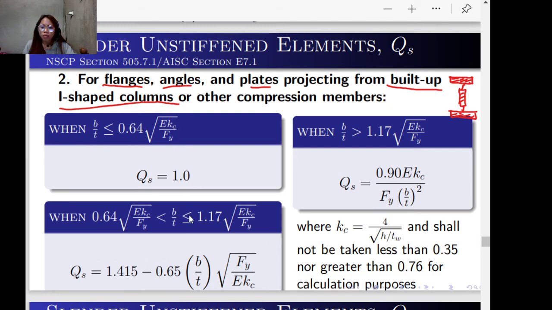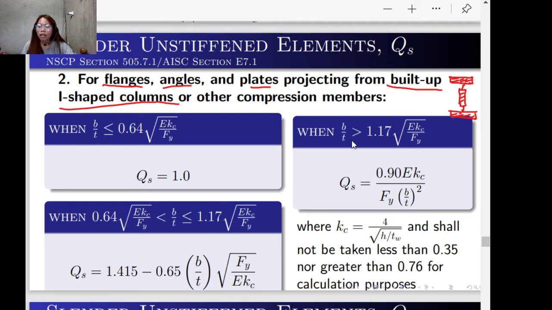When b over t is greater than 0.64 square root of E Kc over Fy, but less than or equal to 1.17 square root of E Kc over Fy, use Q sub S equal to 1.415 minus 0.65 times b over t square root of Fy over E Kc.